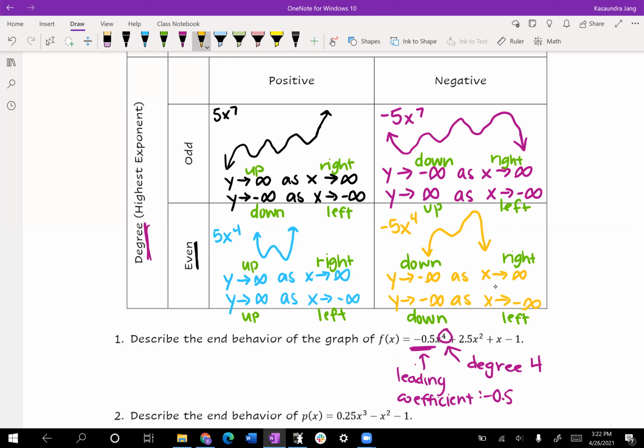My end behavior, pretty much I'm just going to write what it says here. Y goes toward negative infinity as x goes toward positive infinity. And so that describes the right side. The right side goes down.